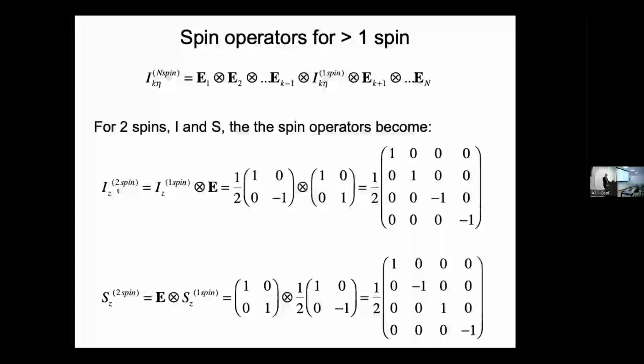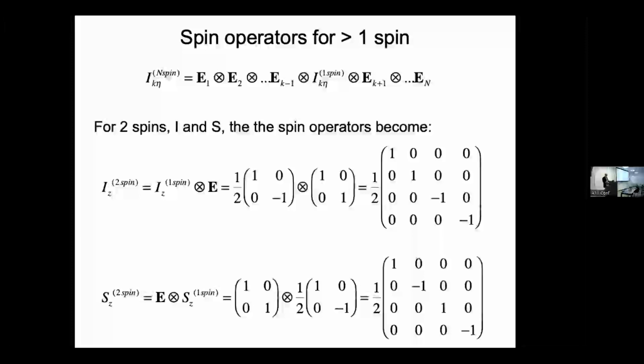So that says for the 2 spin system, the magnetization for the I spin is the sum of all the states where the I spin is alpha minus the sum of all the states where the I spin is beta. And in this case, the I spin is alpha for the alpha alpha state and the alpha beta state, and the I spin is beta for the beta alpha state and the beta beta state.